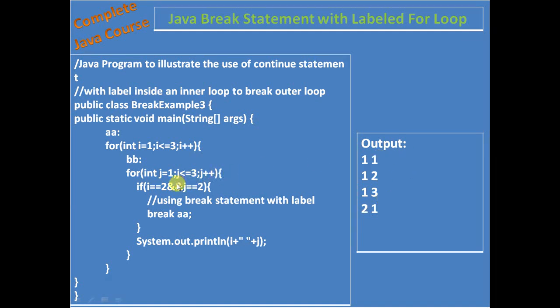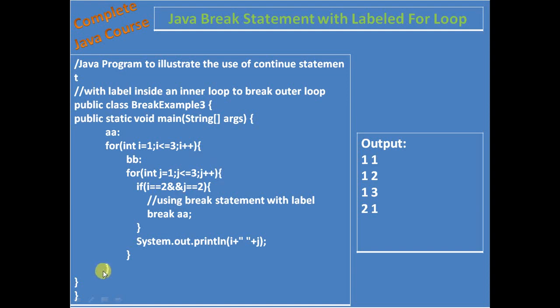Why? Because when the condition matches, it will break the outer label AA, the control will come here, so it will totally exit from the outer loop. That's why the output will be this.